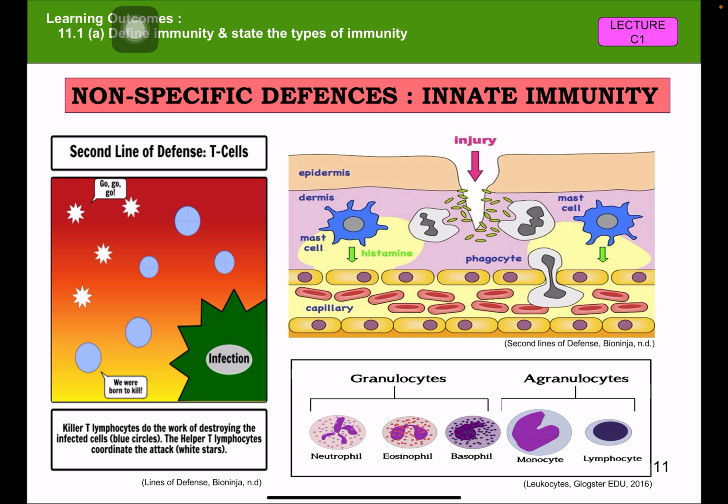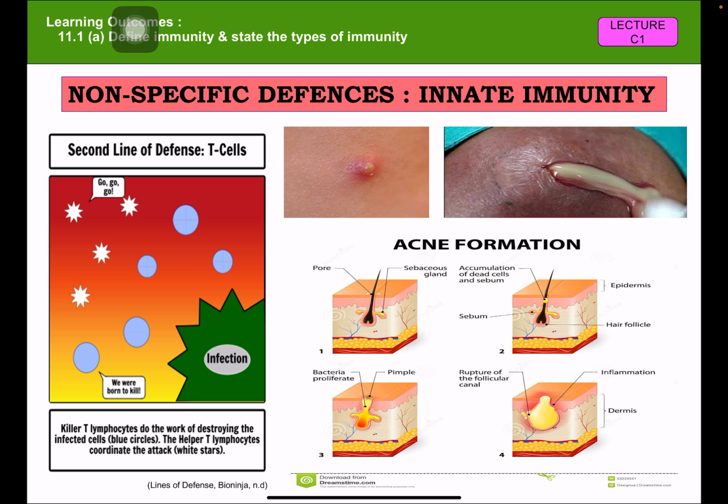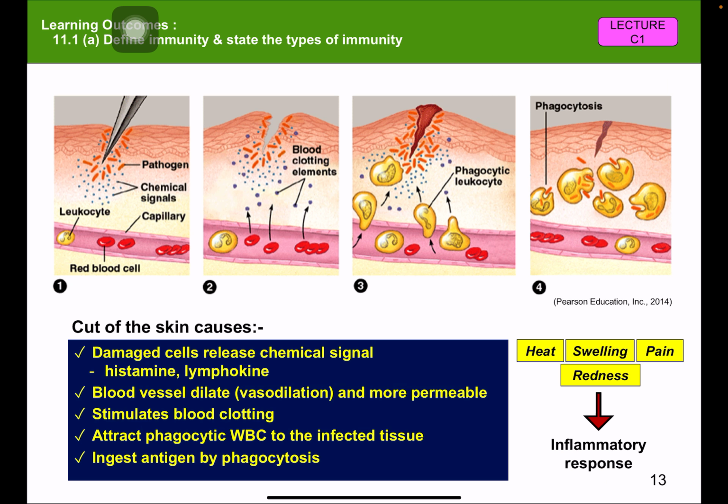The second line of defense, such as when you get injured, your white blood cells will help defend your body from the pathogens which enter your body. Inflammation is also part of the second line of defense. This one is an example of the second line defense when you get injured.